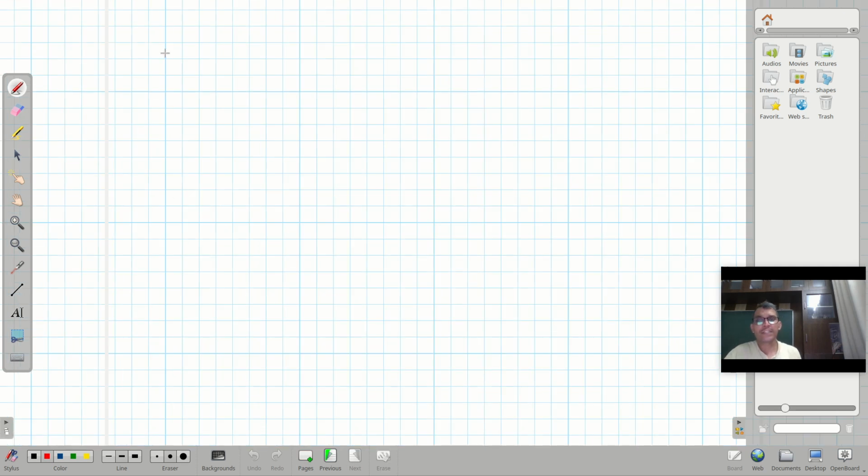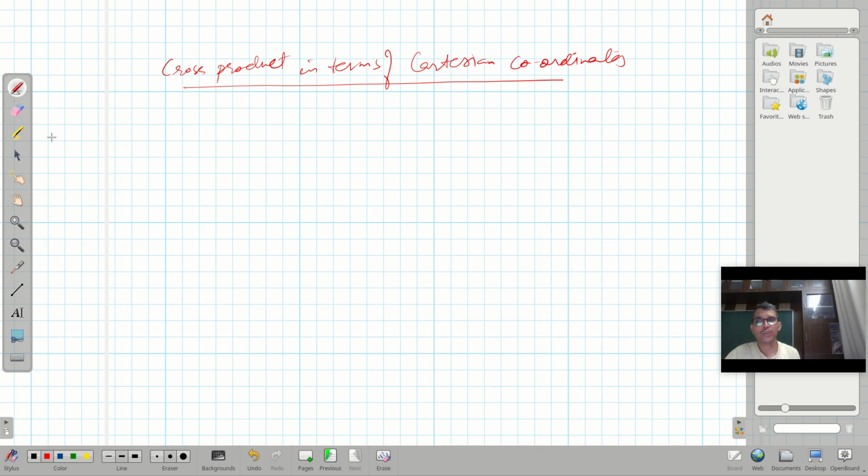So let us try to calculate cross product in terms of Cartesian coordinates. Just a brief recapitulation of it. I am not going to talk about it in more detail.